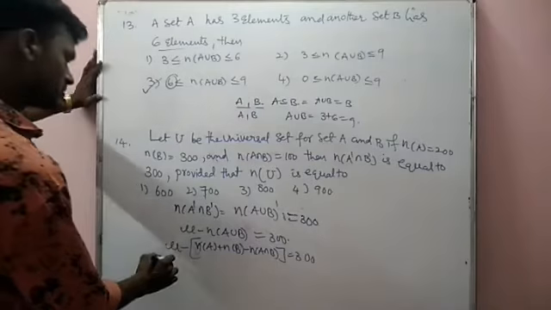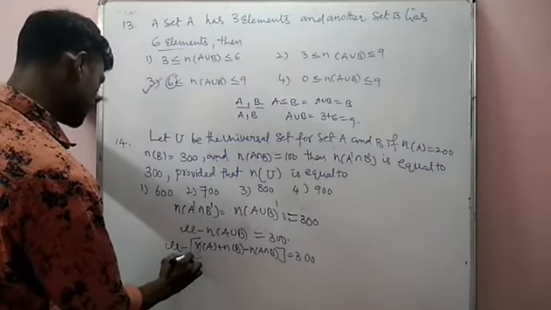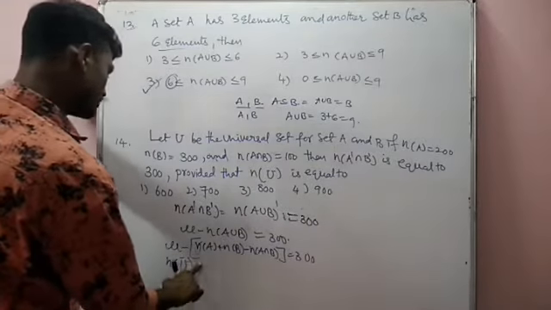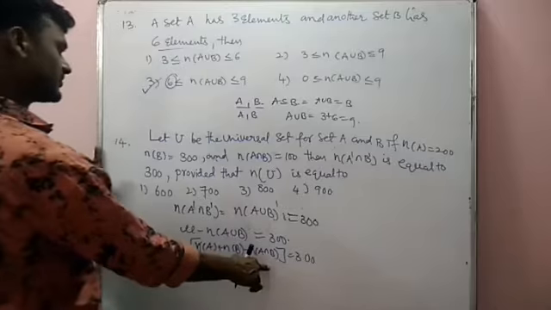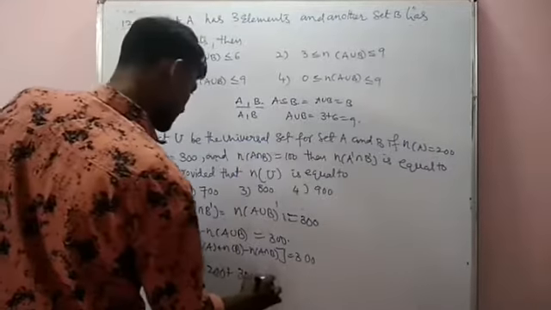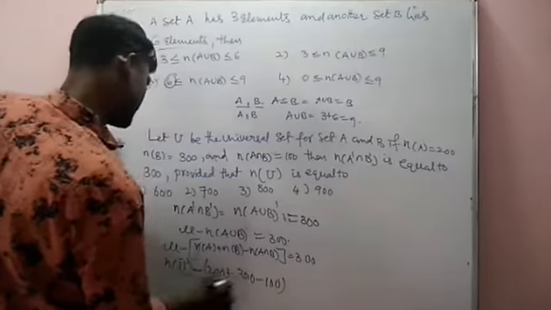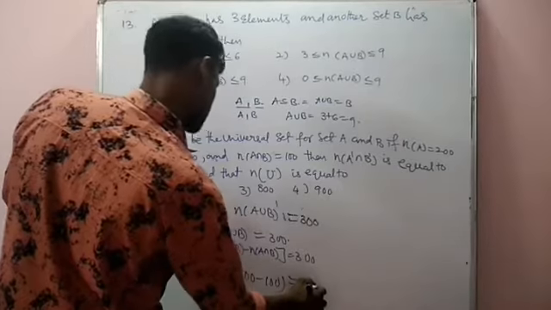Then n of U minus n of A, which is 200, plus n of B, which is 300, minus n of A intersection B, which is 100, is equal to 300.